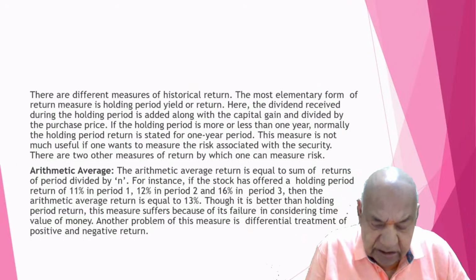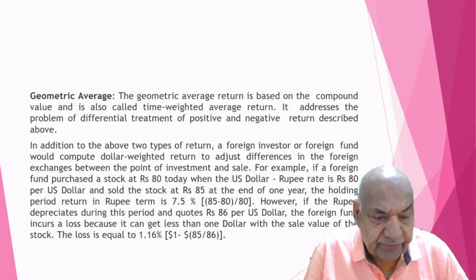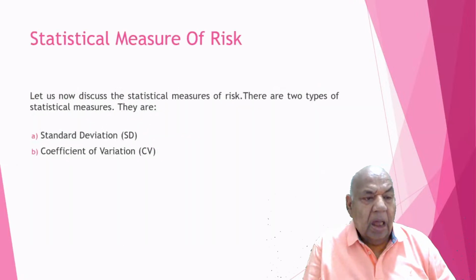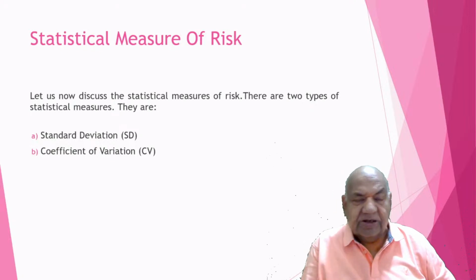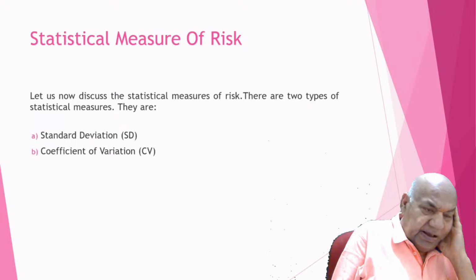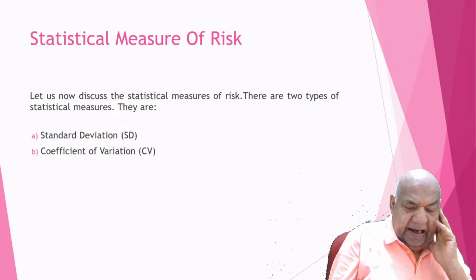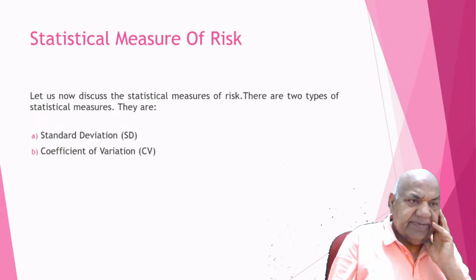And therefore, the standard deviation of this will be 0. Coefficient of variation is calculated as standard deviation divided by arithmetic average and multiplied by 100.